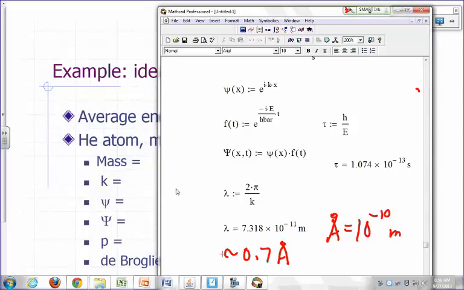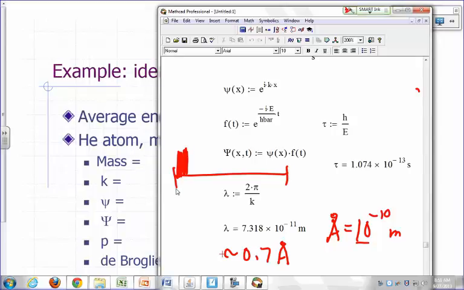Okay. So imagine this helium atom in a 1 meter length box. The wavelength, the period of the oscillation, is about an angstrom.